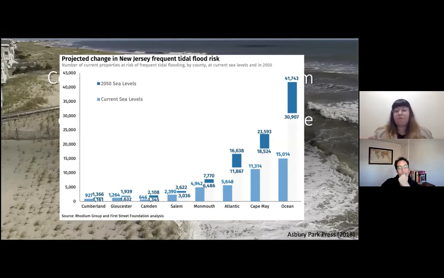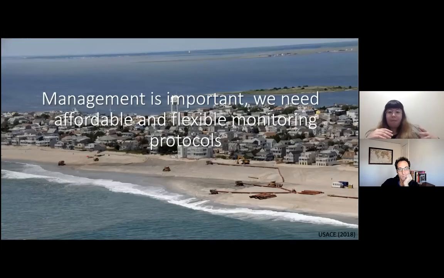If we focus on Ocean County, where our study area is located, this value from current day to 2050 sea levels is at a minimum doubling. For these reasons alone, coastal management is really important, and we need affordable and flexible monitoring protocols to better understand our coasts and how they're evolving.